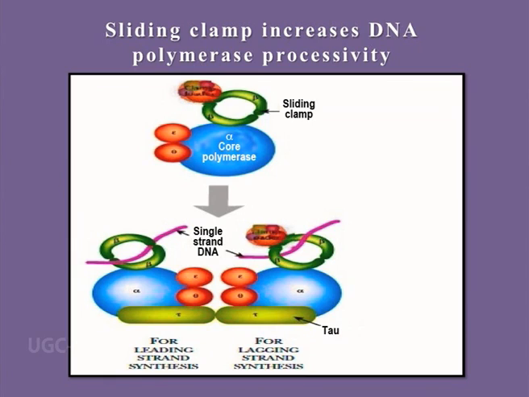Further on, the DNA polymerase III is made up of plenty of protein subunits, or it is a multi-subunit structure. The holoenzyme consists of a core enzyme and 20 other accessory proteins. The core enzyme of DNA polymerase III is made up of alpha, theta and sigma.